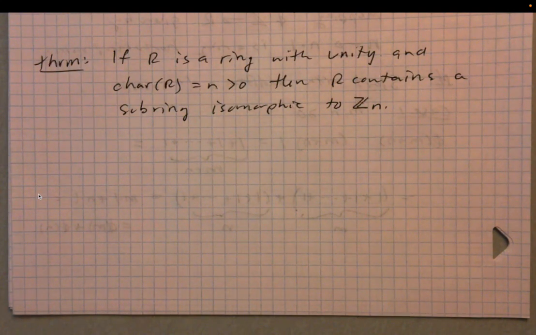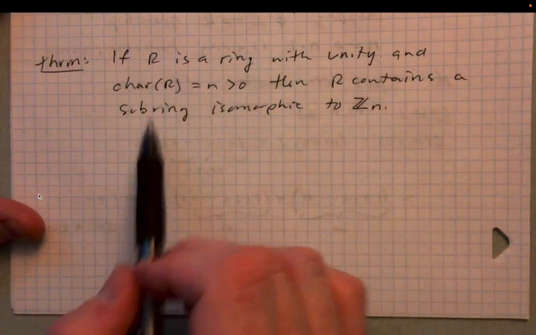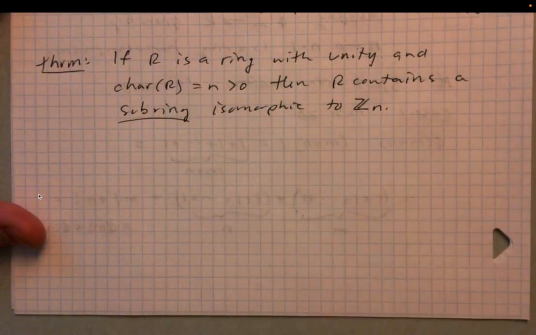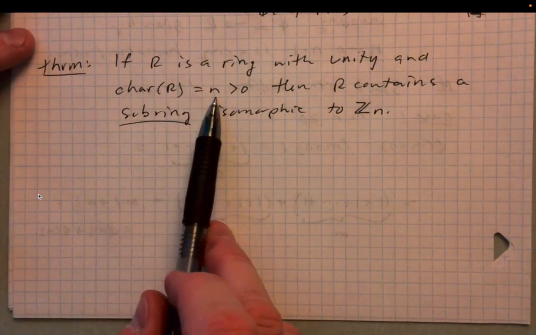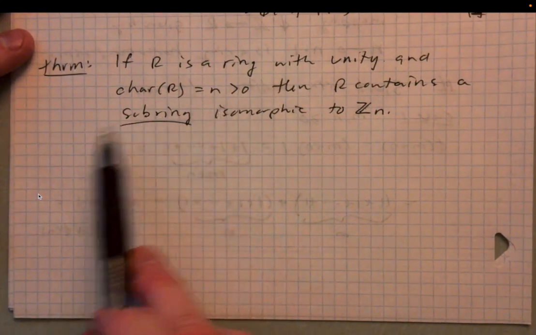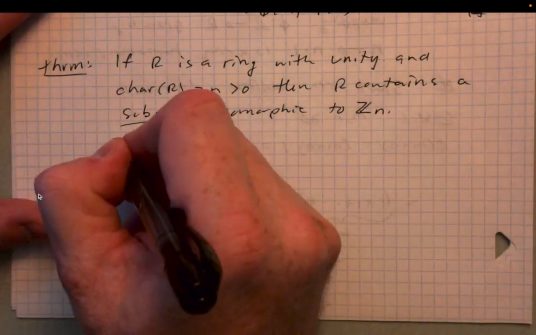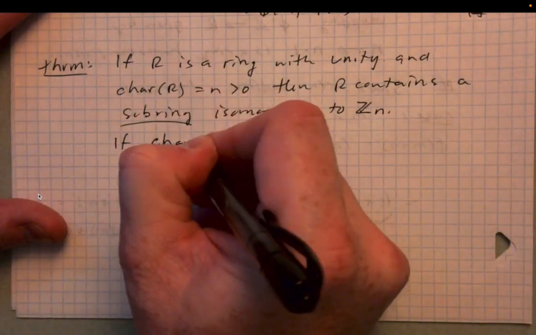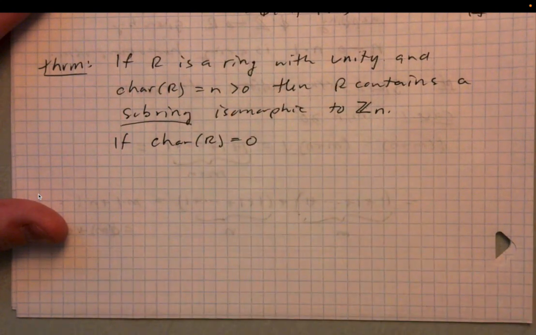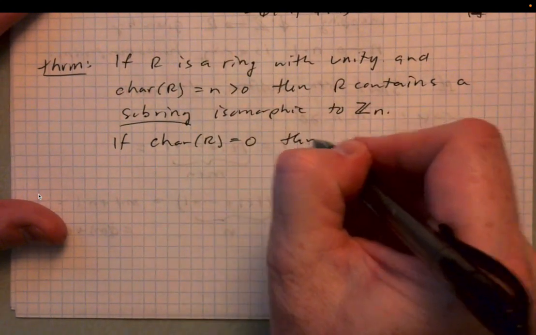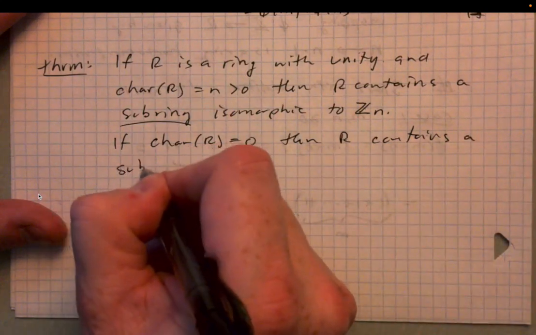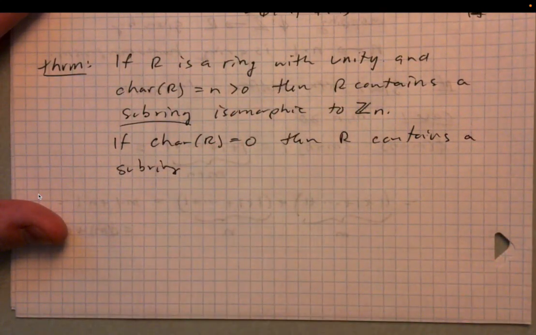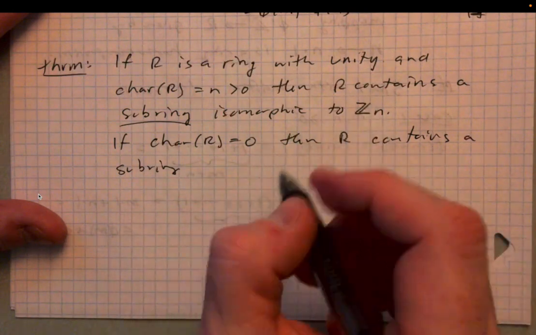Now what happens if the characteristic is 0 instead of n greater than 0? If the characteristic of R equals 0, then R contains a subring isomorphic to Z, the integers themselves.